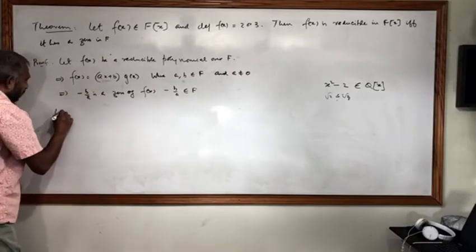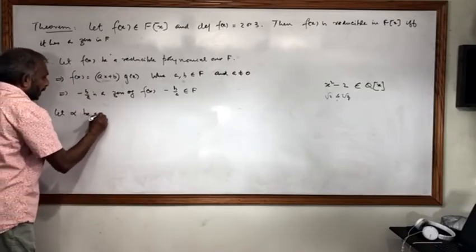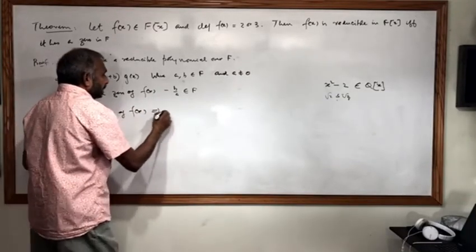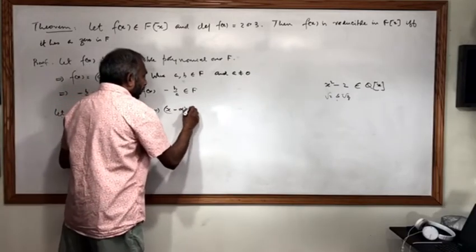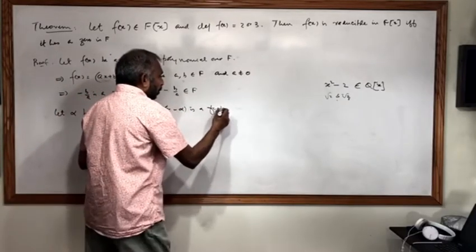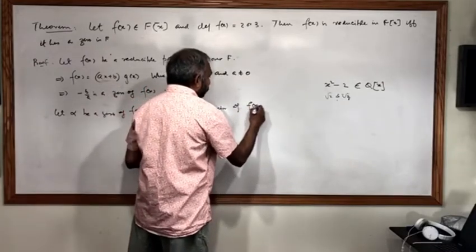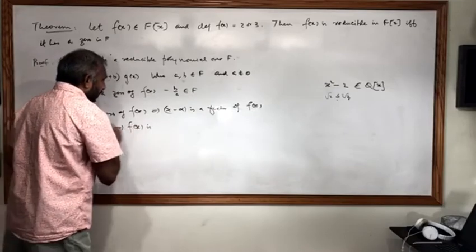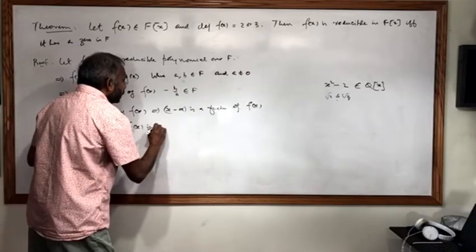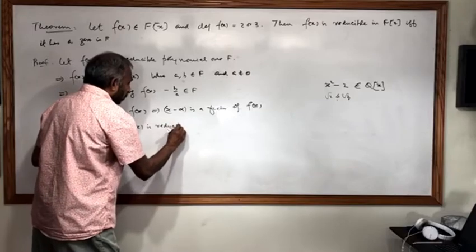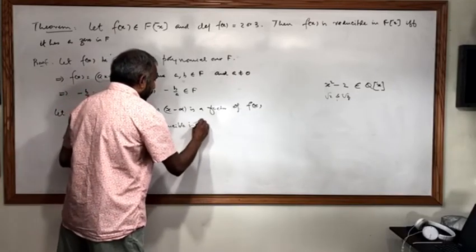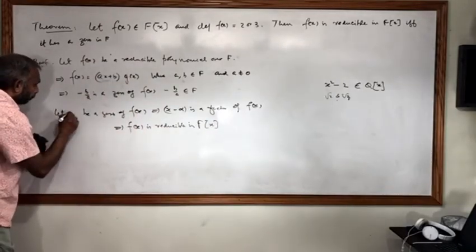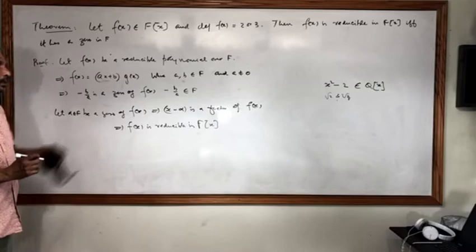Now let alpha in F be a 0 of f(x). That implies x minus alpha is a factor of f(x), and that implies f(x) is reducible in F[x].